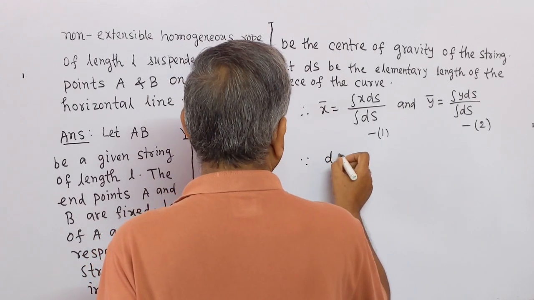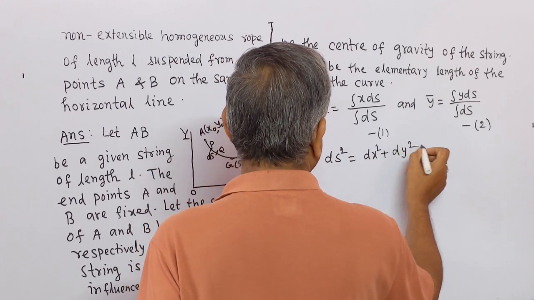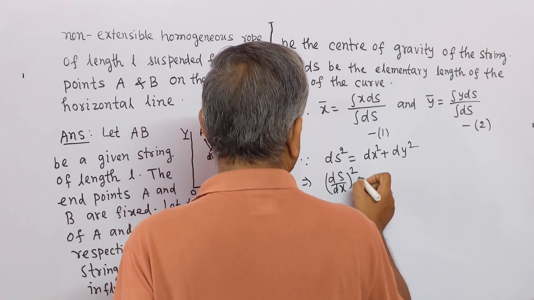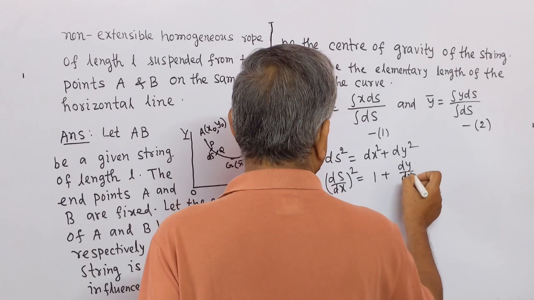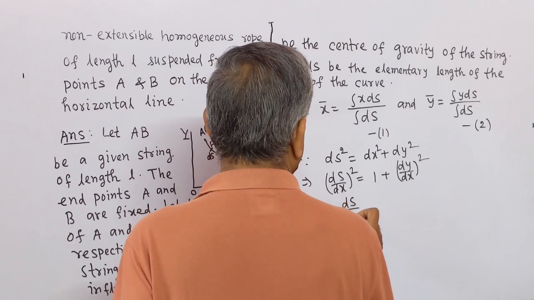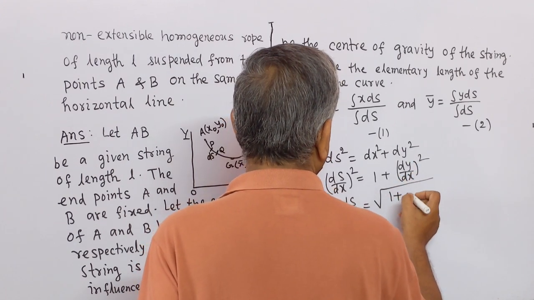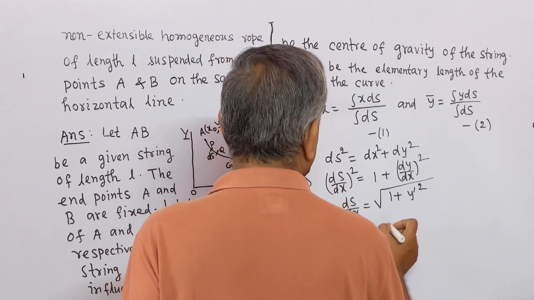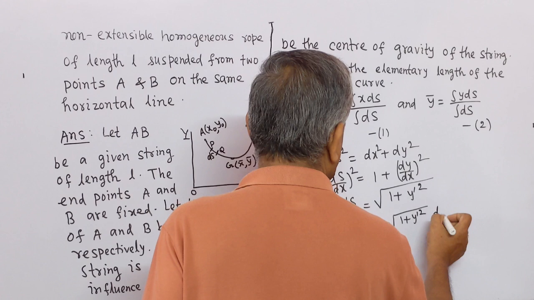Since ds square equal to dx square plus dy square, implies that ds by dx whole square, dividing both sides by dx square, this is 1 plus dy by dx whole square, implies that ds by dx equal to square root 1 plus dy by dx, that is y prime, square, implies that ds equal to square root 1 plus y prime square dx.